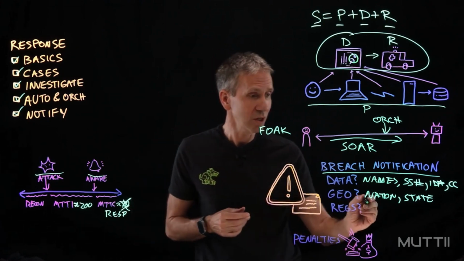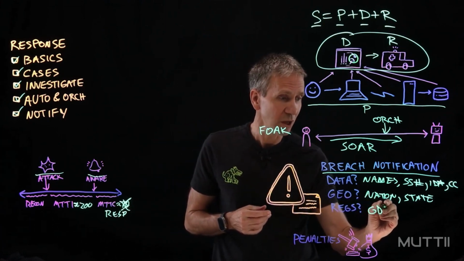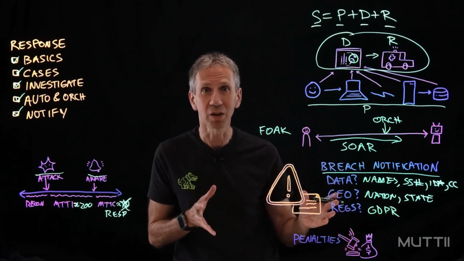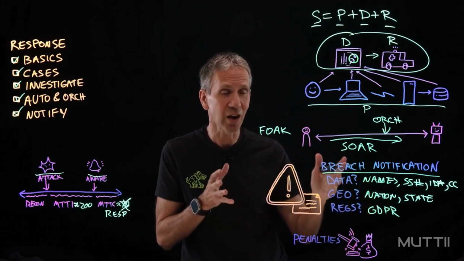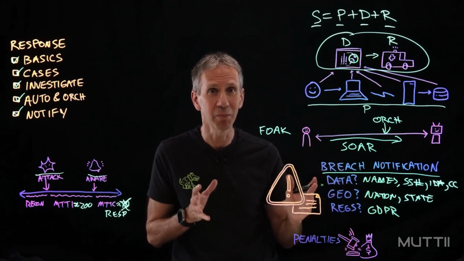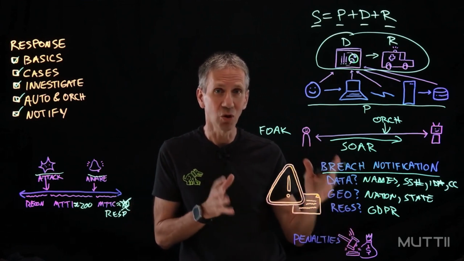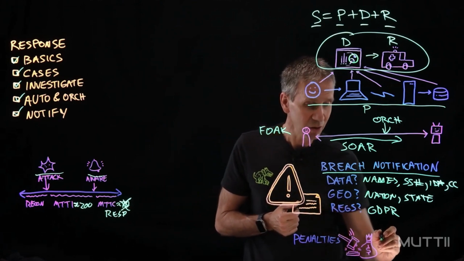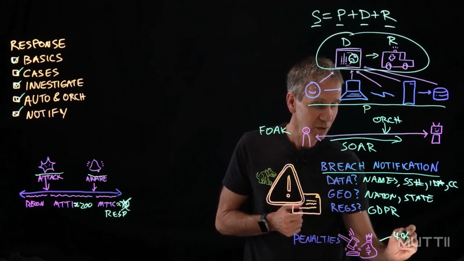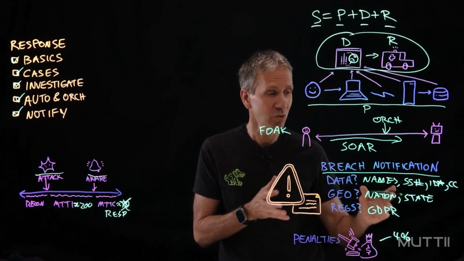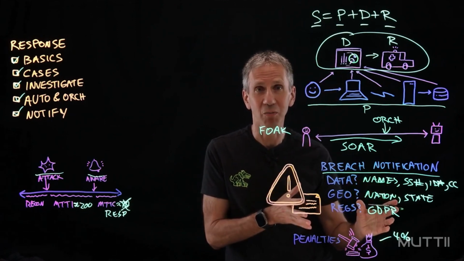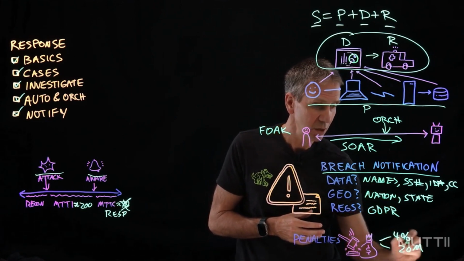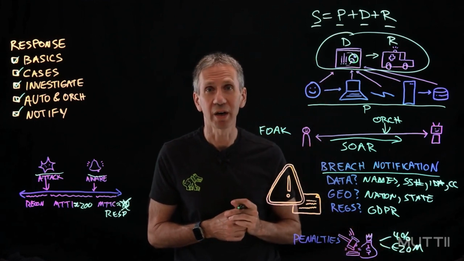So for instance, one of these major ones is called the General Data Protection Regulation, GDPR, that comes from the European Union. And GDPR specifies very specific, very heavy penalties. In fact, if you don't respond within a timely fashion, the penalties for this can be on the order of 4% of worldwide revenue. So 4% is a huge number for most organizations, or it can be 20 million euros, whichever is greater.